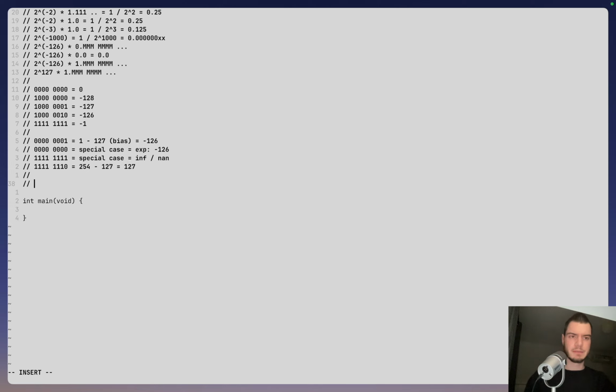Or, for example, gigabytes, megabytes, kilobytes. It's the same concept. For example, if you have 1 gigabyte, you could write that in a different way as 1 times 10 to the power of 9 bytes.